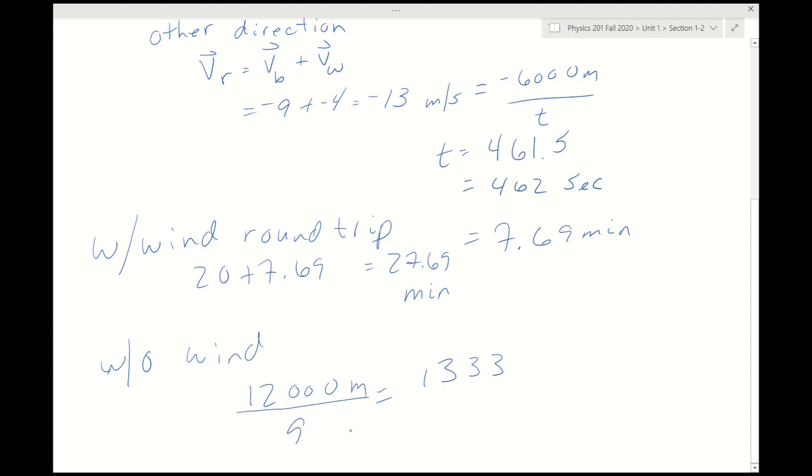This is meters and this is meters per second, or roughly 1,300 seconds. Dividing that by 60 to get minutes gives us 22.2 minutes. So what it's done is it effectively has increased the time for the trip by about 5 minutes for the bird.